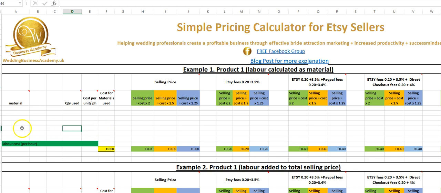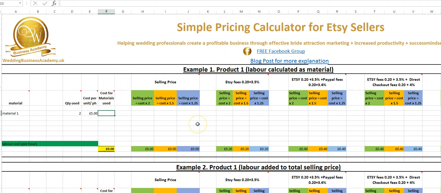So this is the second tab. Basically, it's blank, as you can see. So you will enter your material 1 and quantity used. So let's say we use 2 of material 1, and it costs £5.